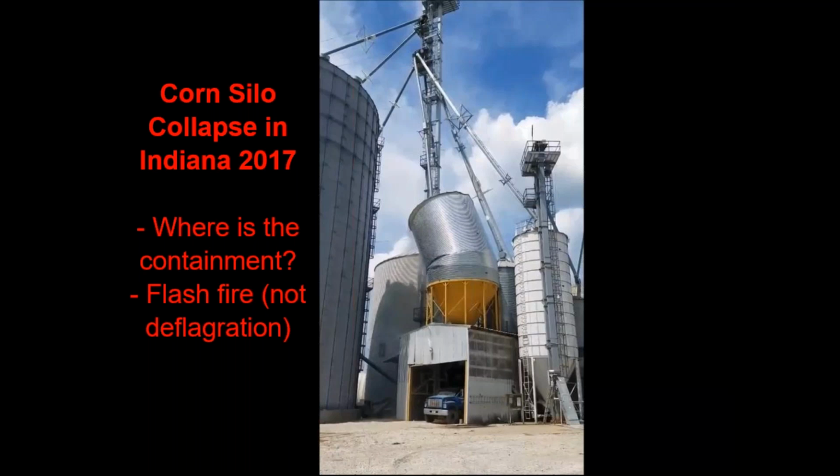And this is a video of a facility in Indiana that was just transloading corn. And you see the silo over the truck loadout building here that is already collapsing. So the key thing here is this is outdoor.